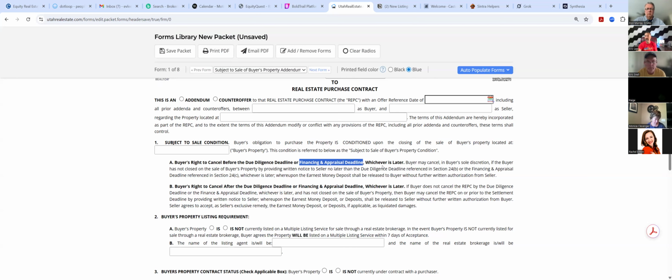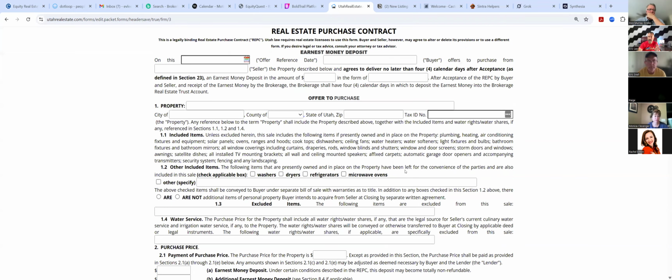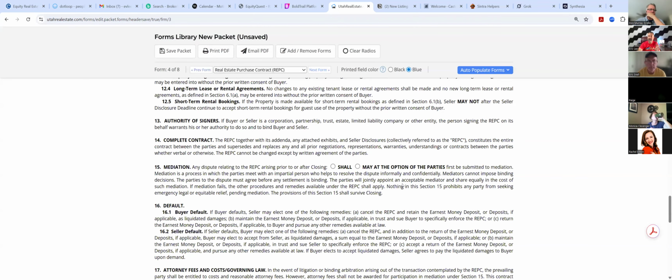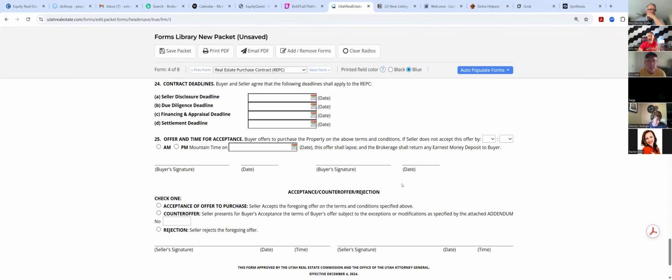So the problem that we get now is we jump down to our purchase contract and we come down to the last page where we have our deadlines. And we've got our due diligence deadline that's, we'll just say today, and our finance and appraisal deadline on the 22nd. In this case, let's change our scenario up a little bit and say that there is finance and appraisal rather than it's all cash.